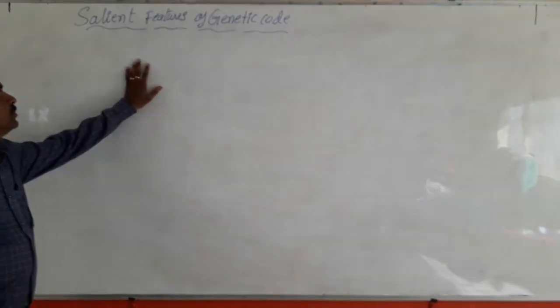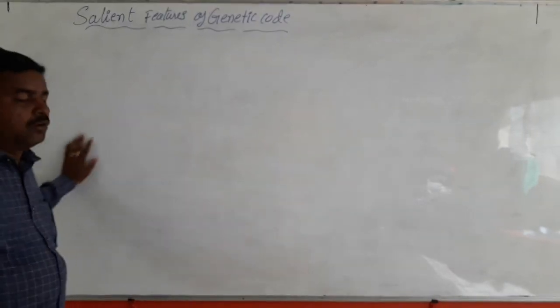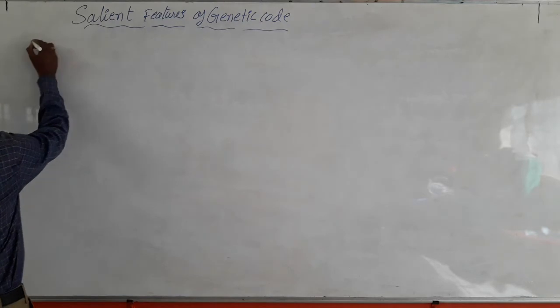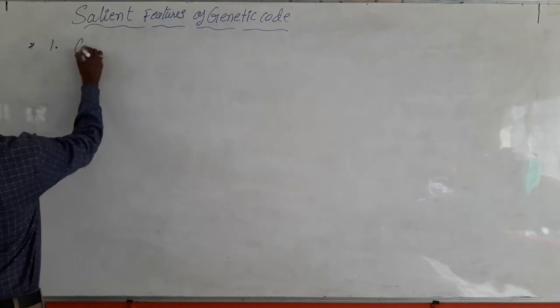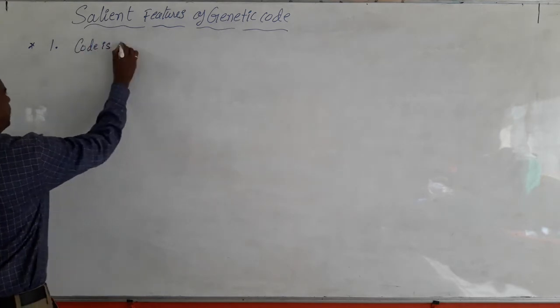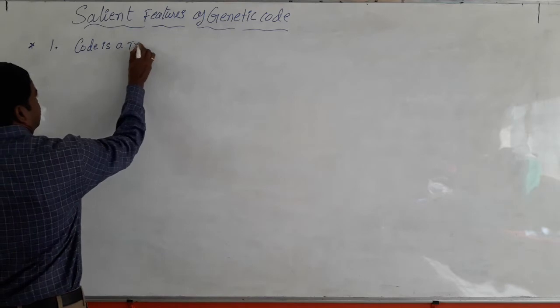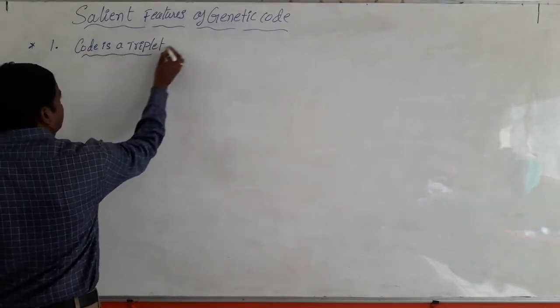So now coming to salient features of genetic code. The first salient feature of genetic code is that the code is a triplet.